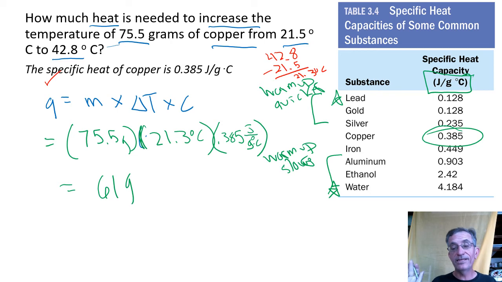And again, there's got to be units. Let's see how the units work. Grams are here, grams are here. On top and on bottom, you cancel. Celsius is here, Celsius here. You cancel. So the unit I'm left with is joules. That sounds right. Heat is measured in joules. Maybe calories, but in this problem, it's joules.